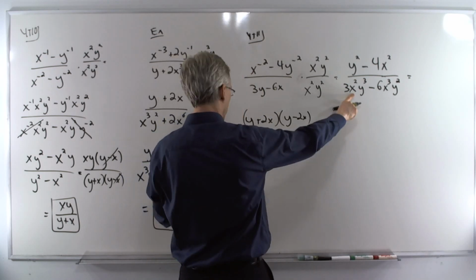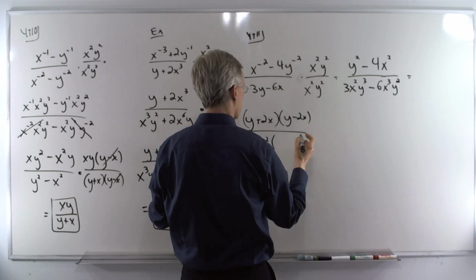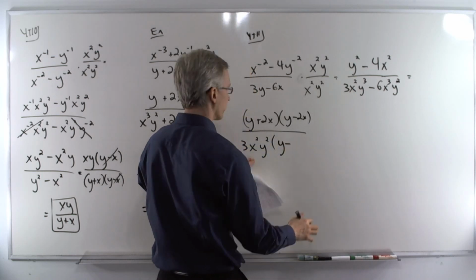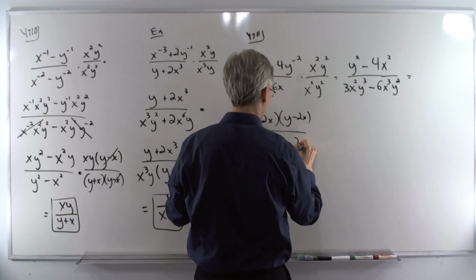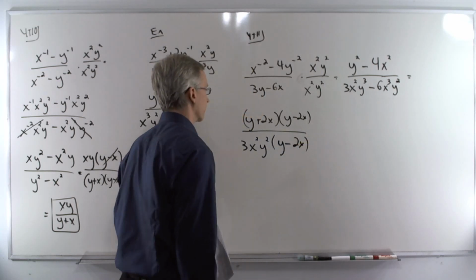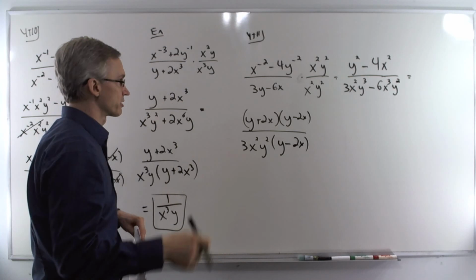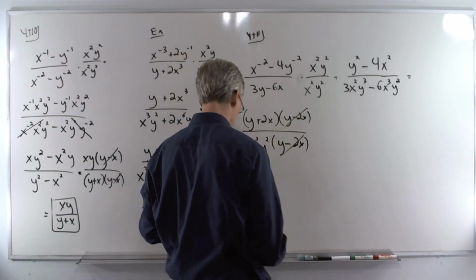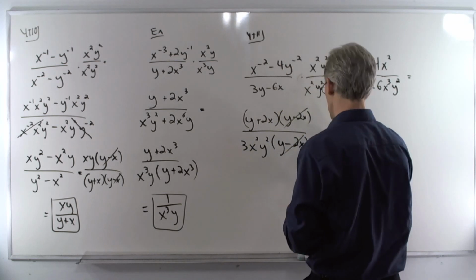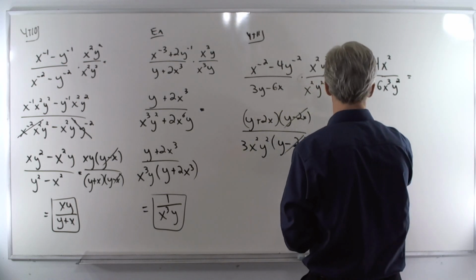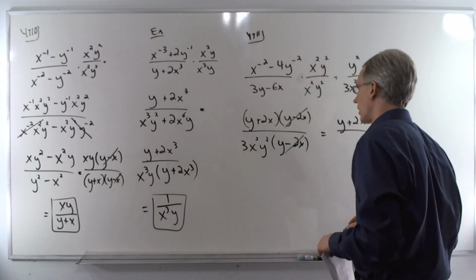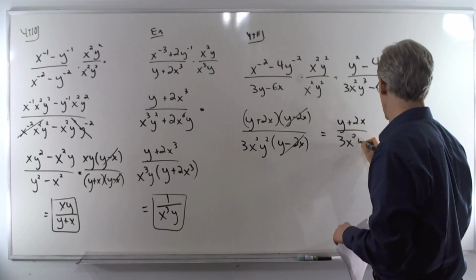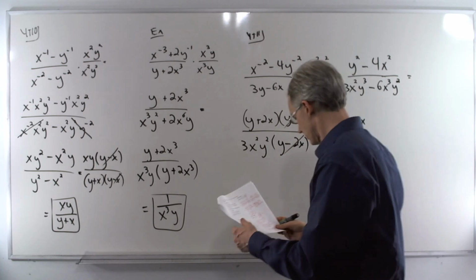Dividing here, that gives us y. And then dividing here gives us 2x. So there's our matching binomials. y minus 2x over y minus 2x, those cancel. So we got y plus 2x on top, and 3x squared y squared on the bottom.